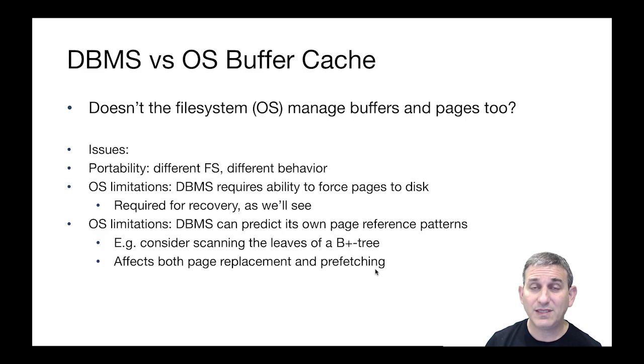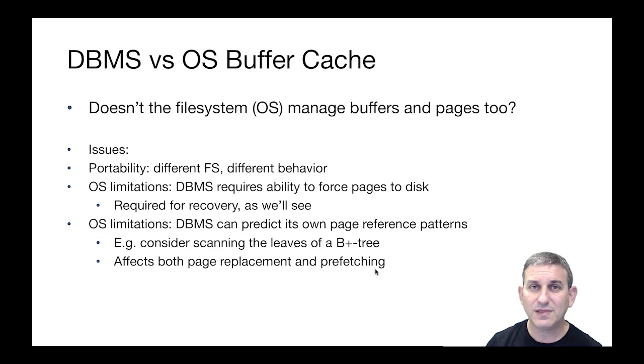Now, another key limitation is that most file systems and the operating systems underneath them have limitations that can affect the correctness of a database. For recovery purposes, database systems often need to force particular pages down to the disk. They have to make sure that that page's information from the buffer pool actually makes it onto the magnetic disk device.